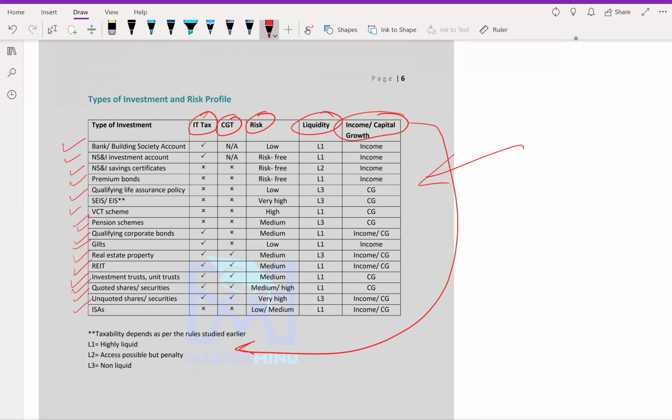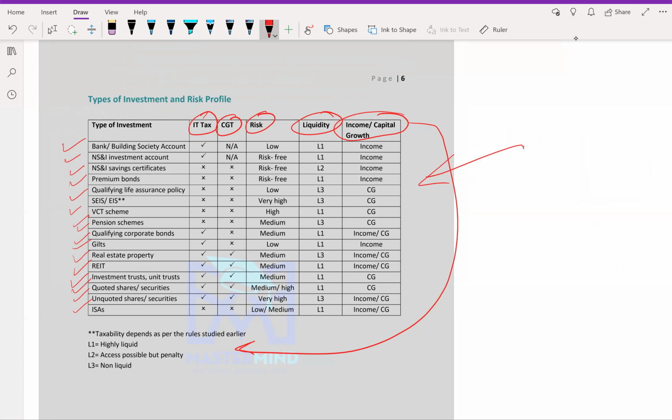Remember one thing, that your understanding of these types of investments will help you answer a question where the client asks which one is more suitable for me. Not from a general perspective, but for a specific client, according to their risk profile and their age.